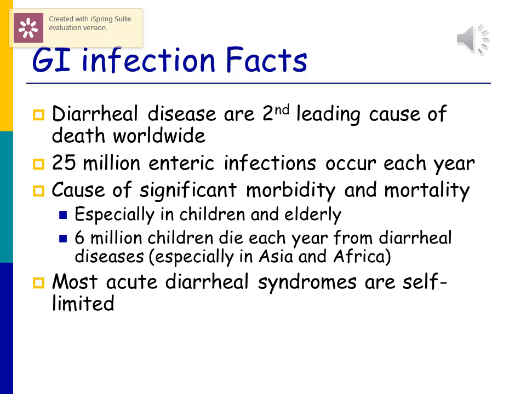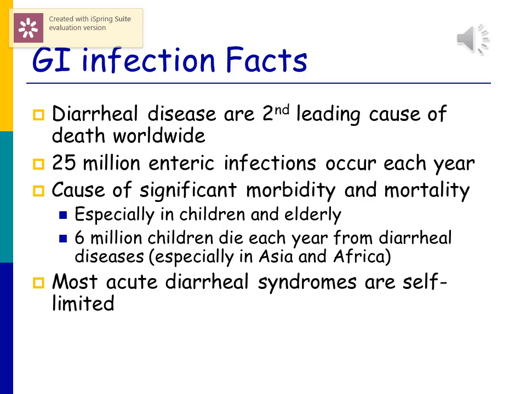Diarrheal diseases are the second leading cause of death throughout the world, and there are 25 million enteric infections that occur every year. So GI infection causes significant morbidity and mortality, especially in young children and the elderly. 6 million children die every year from diarrheal diseases, more commonly in parts of Asia and Africa.